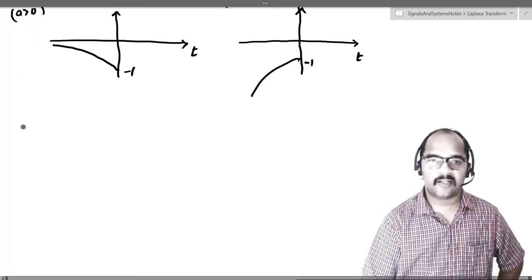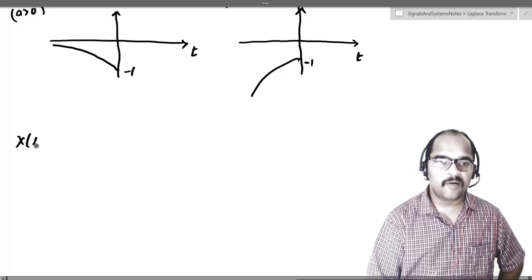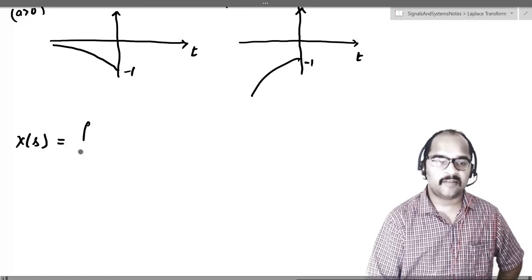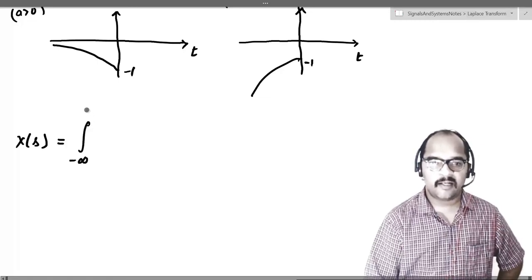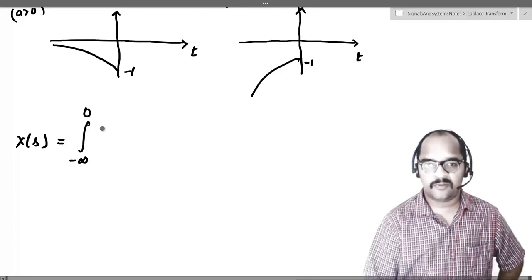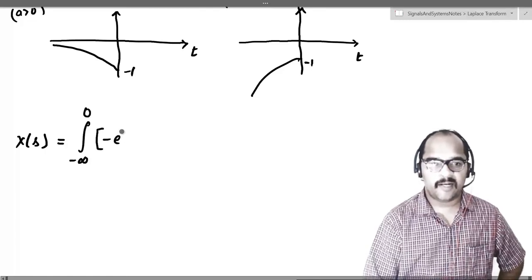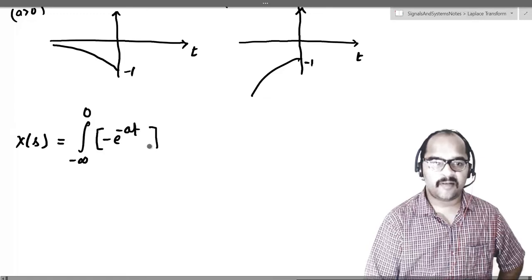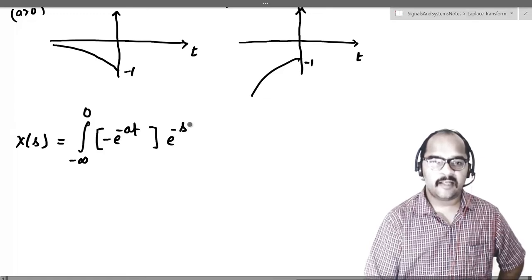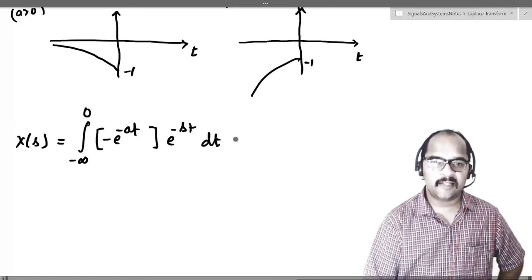Now let us try to find the Laplace transform for this signal. So X of s would be the integral from minus infinity to 0, correct, multiplied with minus e power minus a t e power minus s t dt.